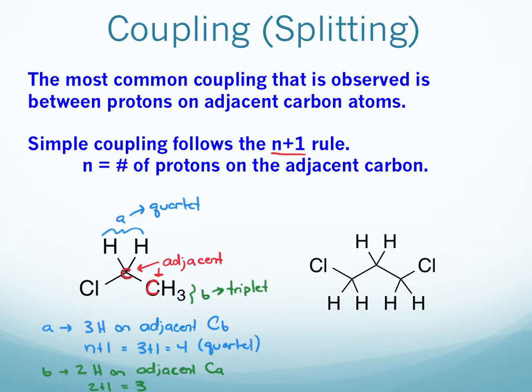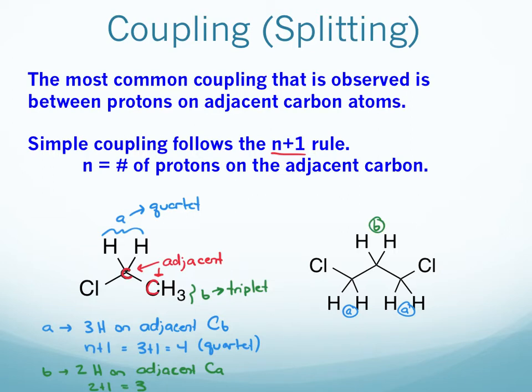All right, let's look at the second one over here on the right. The first thing you want to spot is there is some symmetry here. So there's actually only 2 distinct types of protons. We have type A, which is equivalent to type A over here, and then we have B right here.